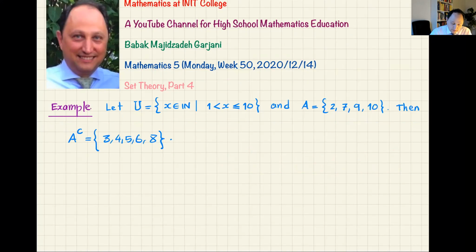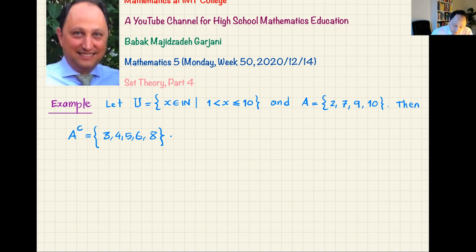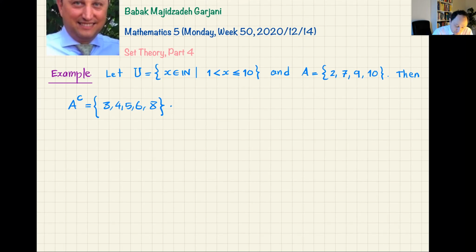Okay, so if I say, for example, let U be the set of all real numbers, yes? Then, can you tell me, this is the set of rational numbers, and then I complement it. So what is this?